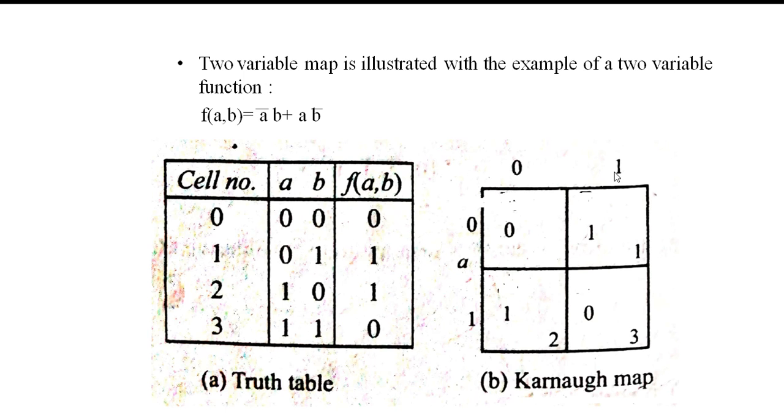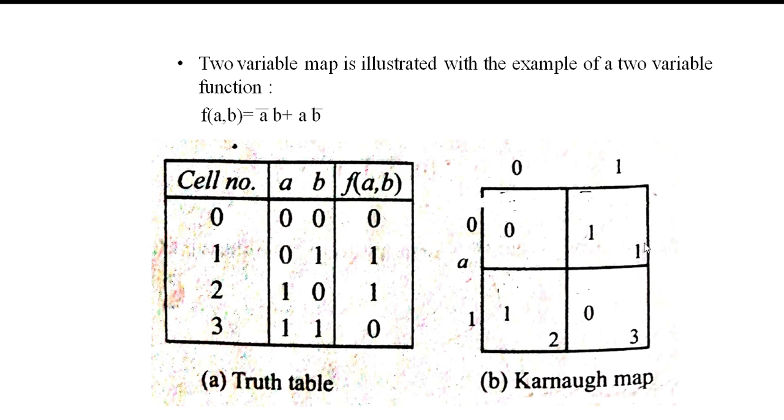Now you write the input combinations. For A it is 0 and 1. Similarly for B it is 0 and 1. Based on that, first you mark the cell numbers. This is the first cell, right? So the cell number for that is 0. Why 0? Because the input combination for this cell is 0, 0, right? You need to consider the two variables together, AB. So 0, 0 is the 0th cell number.